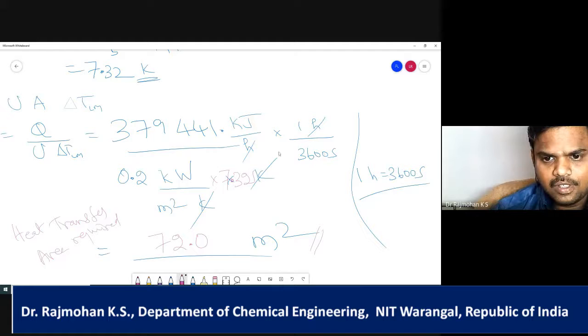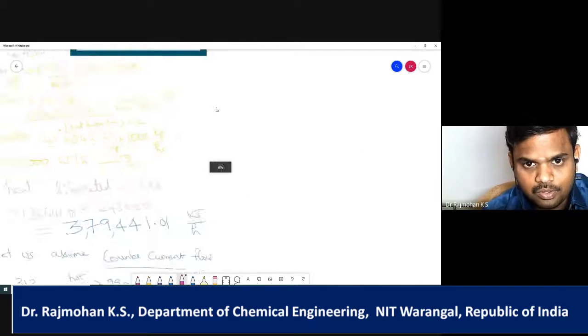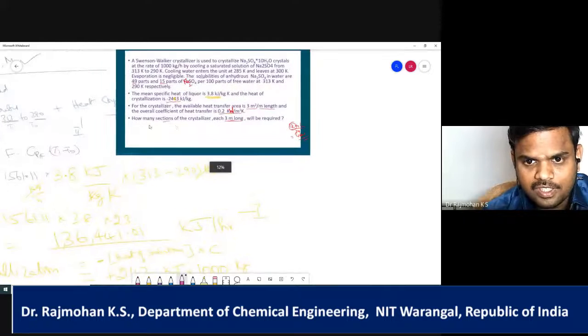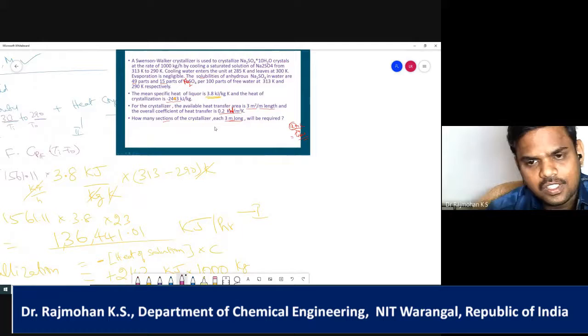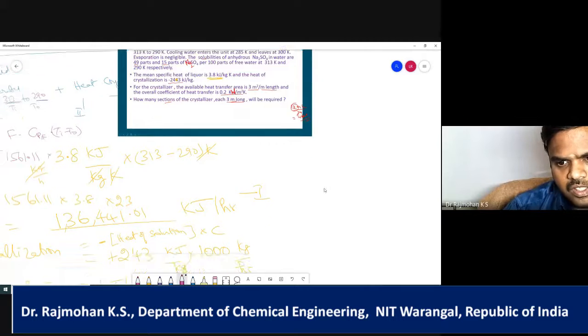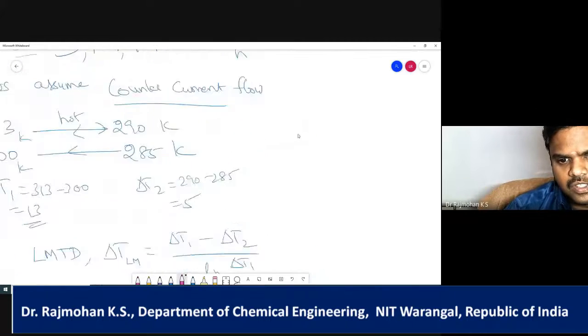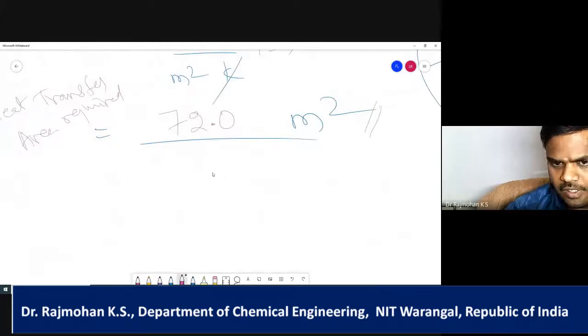Okay, and what is further asked in the question? Always don't stop, go through the question once again to find out what is the extra thing asked. We have to find how many sections of the crystallizer, each 3 meter long, will be required. As I said earlier, each pipe will be 3 meter long. Each section of crystallizer is 3 meter, so totally how many sections are required?